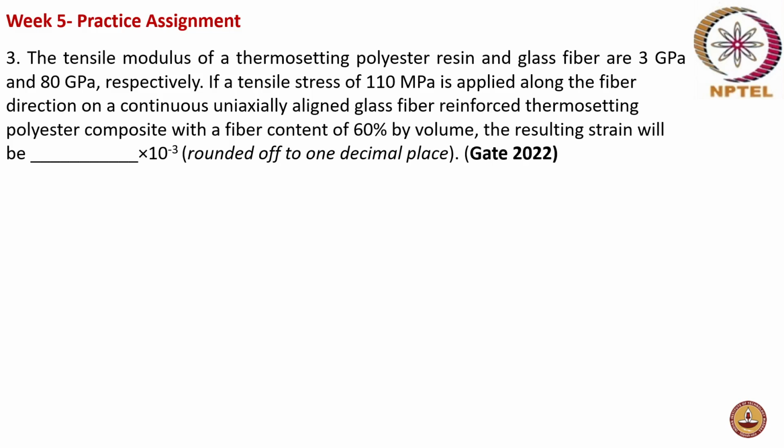If a tensile stress of 110 megapascal is applied along the fiber direction on a continuous uniaxially aligned glass fiber reinforced thermosetting polyester composite with a fiber content of 60% by volume, what will be the resulting strain? This is again a GATE 2022 question, a very recent GATE question.